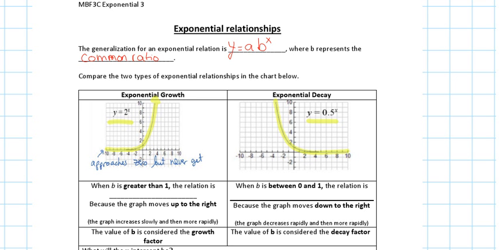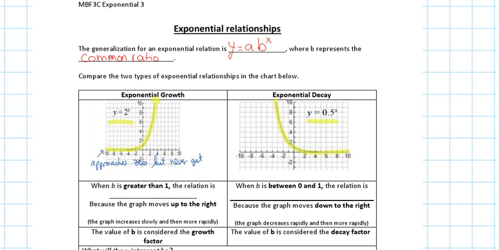Greater than 1. How about this decimal? It's less than 1. That's why this is an exponential decay, because your base is between 0 and 1, and that's why this is an exponential growth, because your base is greater than 1.